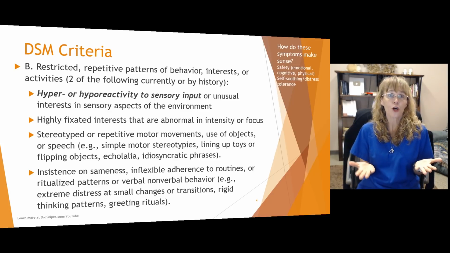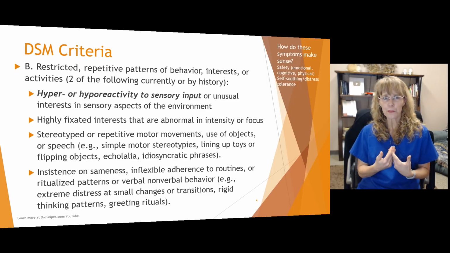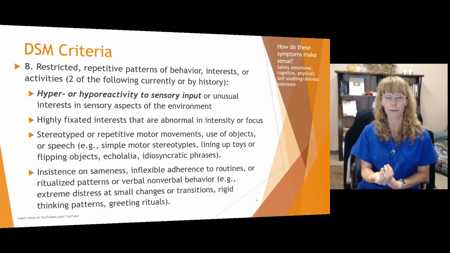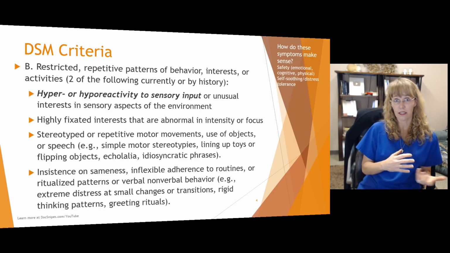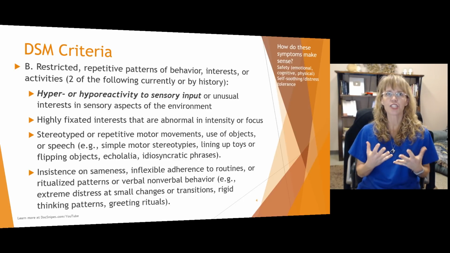And that can also go for formula temperature, for example. If a child is hyperreactive and things that feel lukewarm to somebody who's neurotypical feel really intensely hot to the neuroatypical child, then formula can actually be perceived as painful.